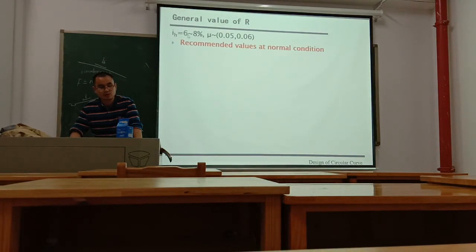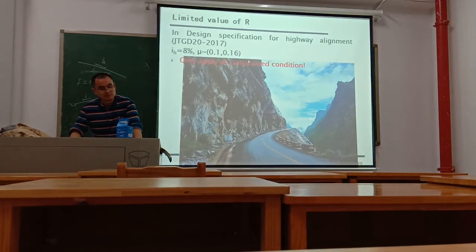IH is from 6 to 8%, mu is 0.05 to 0.06. These are recommended values at normal condition. The other values are only applied at constrained condition.